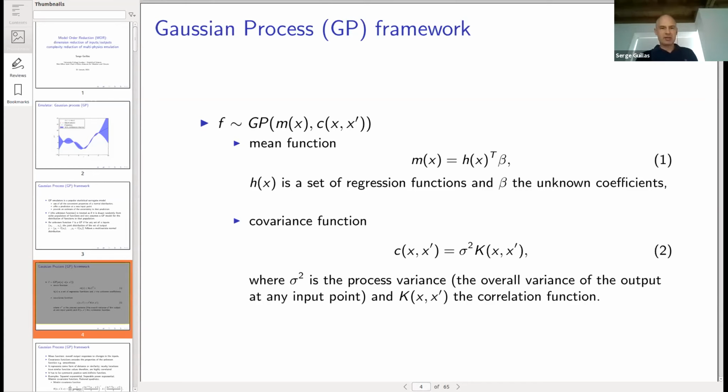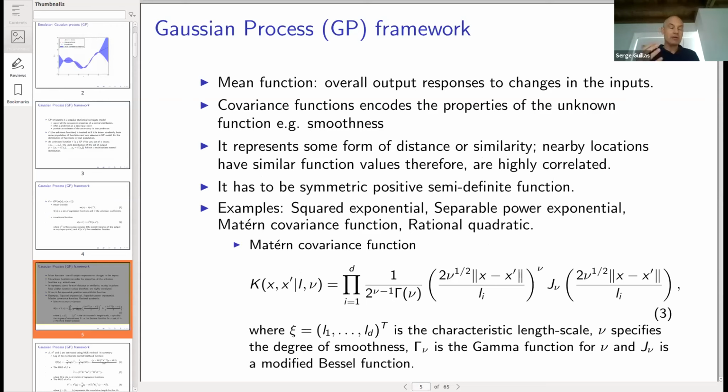Now we have to make some choices about these functions. If we know something about the mean variations of a computer model, then it's better to use a mean, because you can soak up already some of the variability. If not, you can just use a mean 0 or a mean some constant. But the covariance structure is really the one that's supposed to learn.